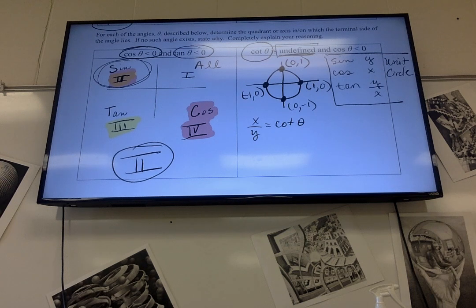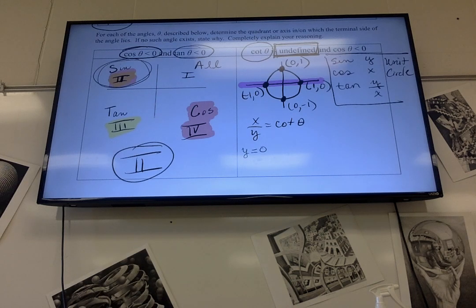And it's supposed to be undefined. What makes a fraction undefined? Over 0. If 0 is in the bottom, so that means if y is 0. So where is y 0? On the x-axis. Exactly right. And then it says cosine is less than 0.